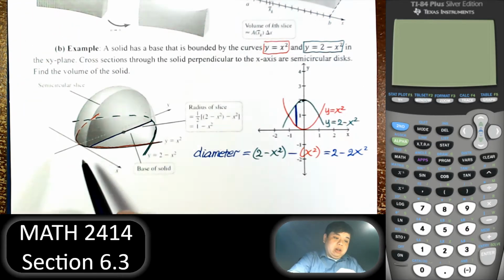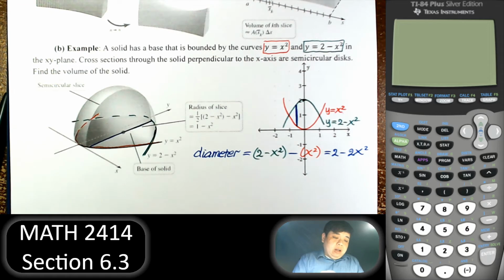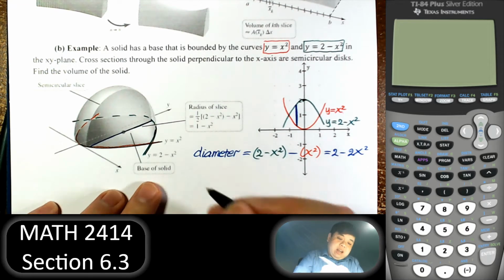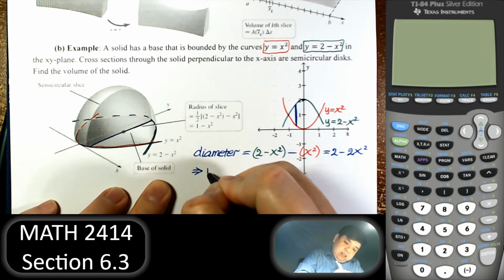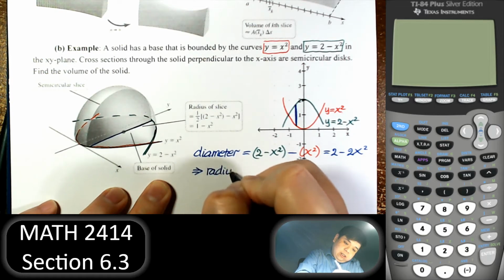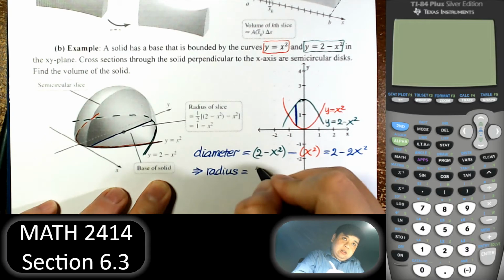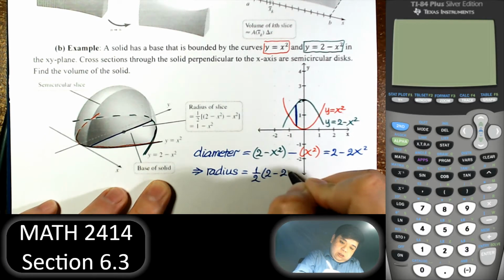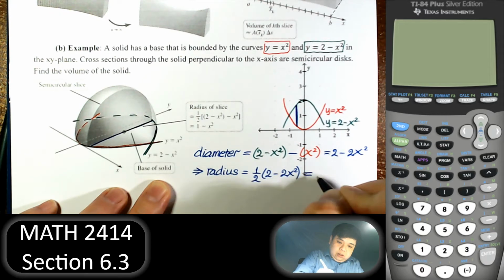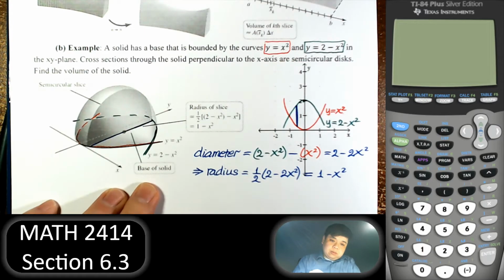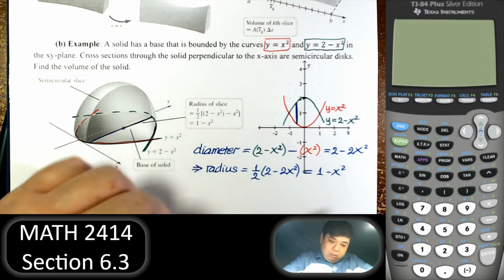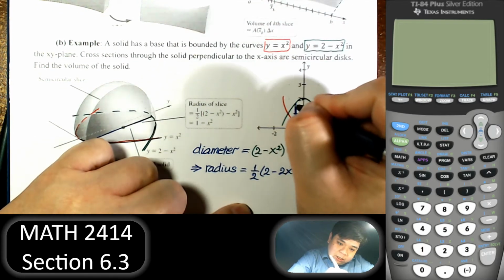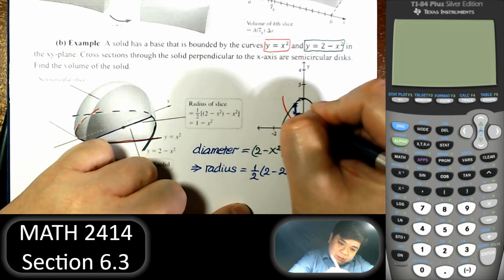That is the diameter, the whole thing. Now, if we want the radius, we cut this in half, so the radius is going to be that distance.